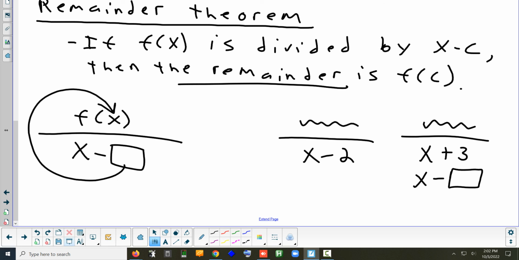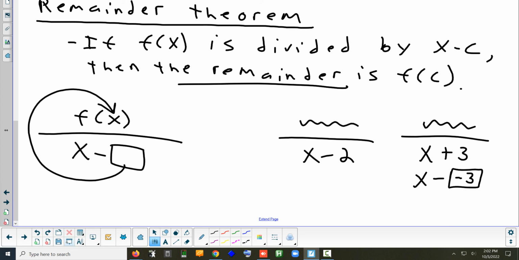So if it is just x plus 3, you can just flip it and then substitute negative 3 for x? Yeah, you can substitute in negative 3. Because when you do this trick called the remainder theorem, you have to take the number that comes after the minus sign. Well, when you write it as x plus 3, there is no minus sign. Or is there? Could you think of it as having a minus sign?